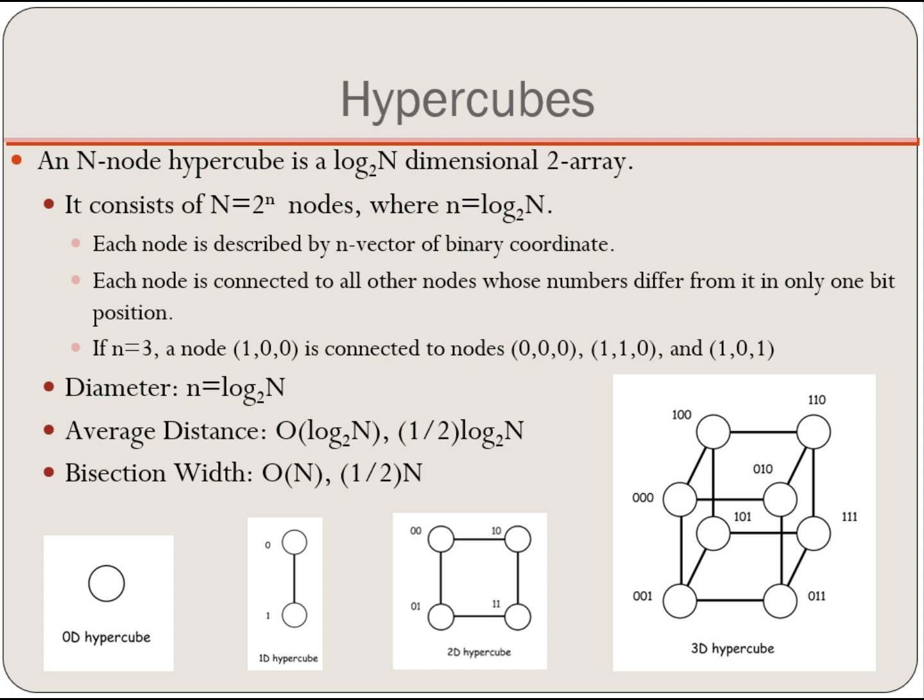Again, you can construct a 3D hypercube from two of these 2D hypercubes. For example, we call one the 0 2D hypercube and the other the 1 hypercube.